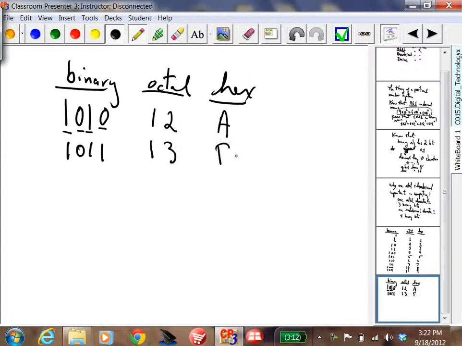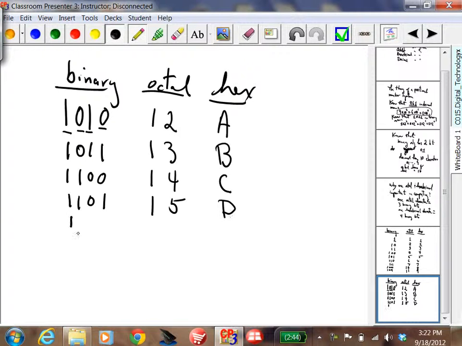In hexadecimal, it's a B. 12, okay, is a C. 13 is 8 plus 5 is 13. 14 is 8 plus 6. 15, 16.